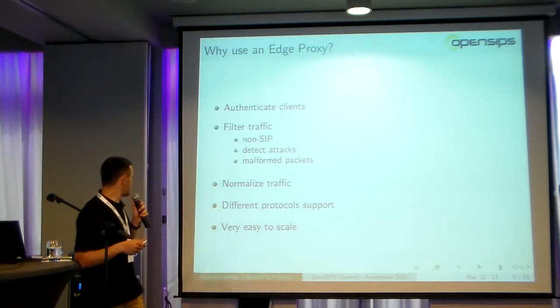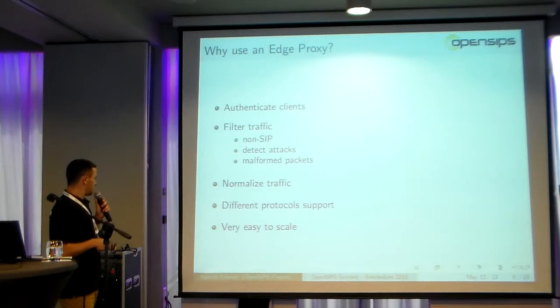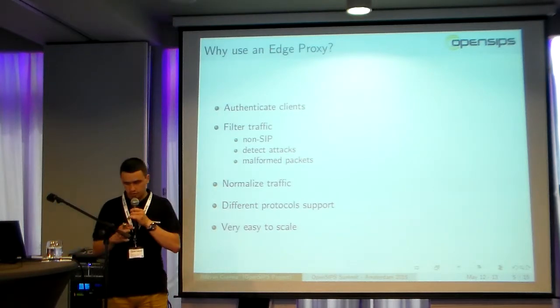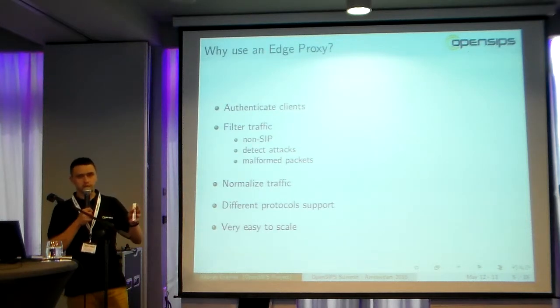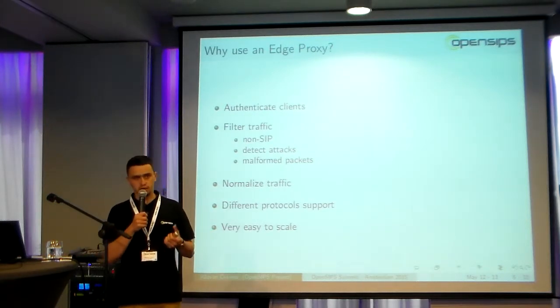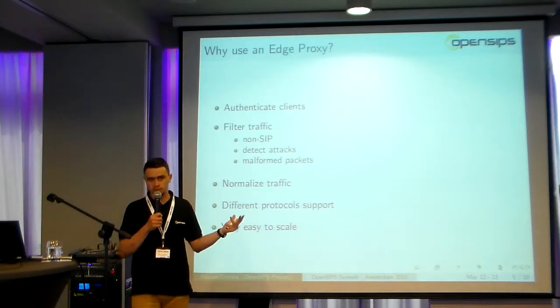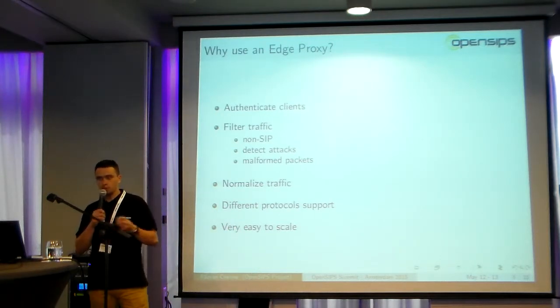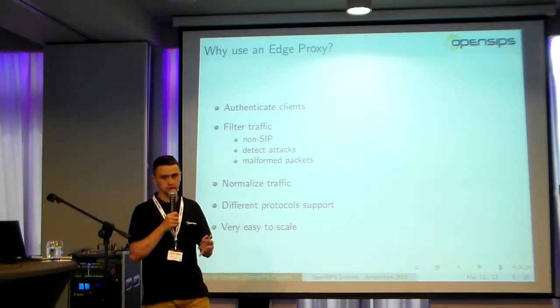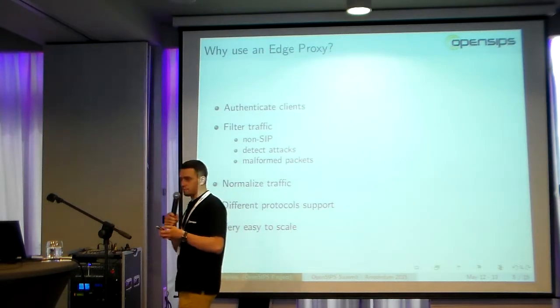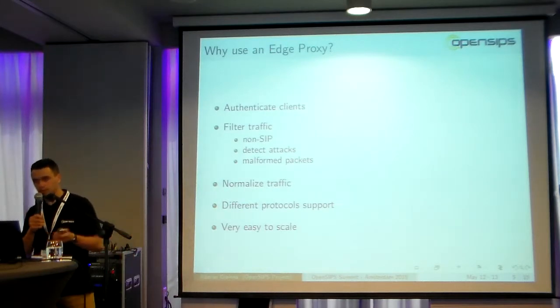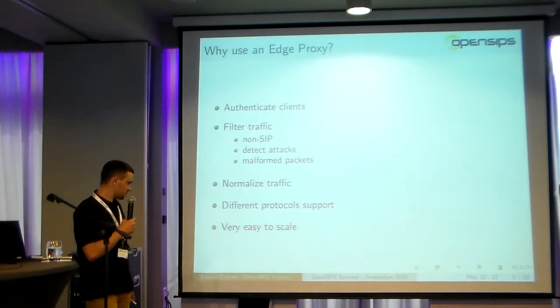At the edge side, we can have different protocol support. For example, what we can do is on our edge proxy offer different protocols like UDP, TCP, TLS, WebSocket, but our core engine can only speak UDP, and therefore we have to make a protocol translation.